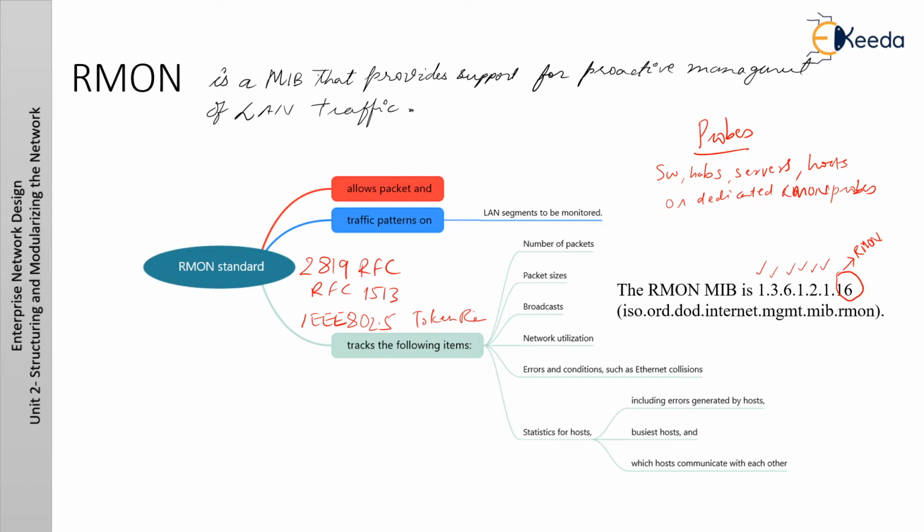So probes are very effective. They are constantly checking for errors, traffic, and all other information. So these probes are installed at different points.